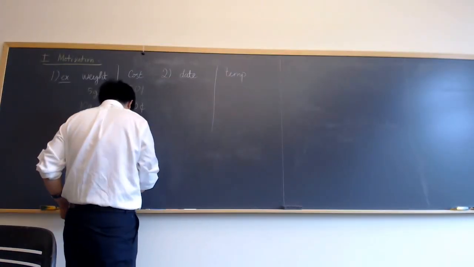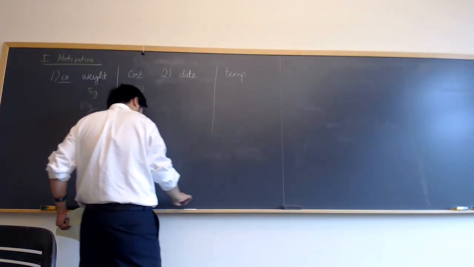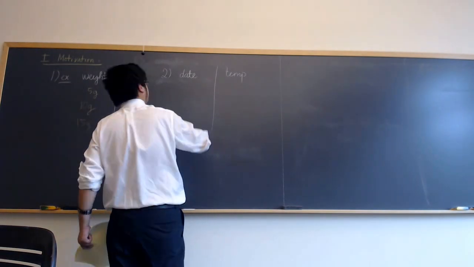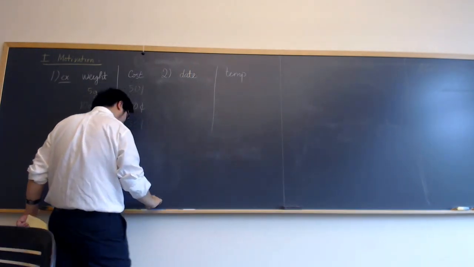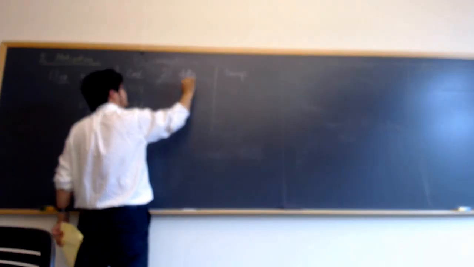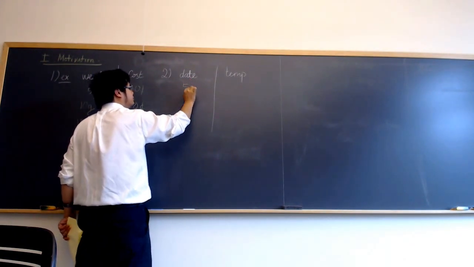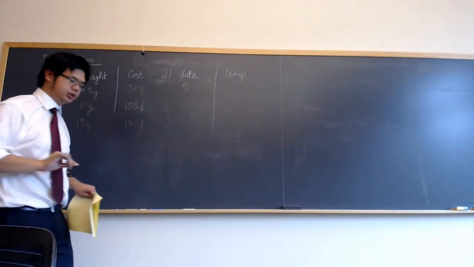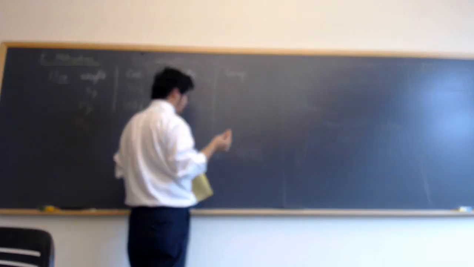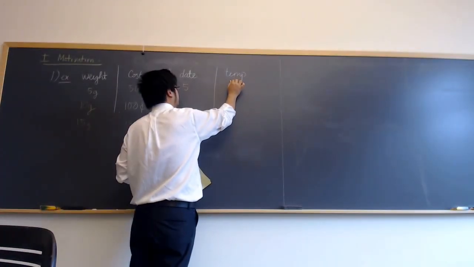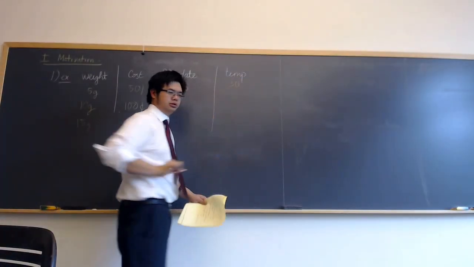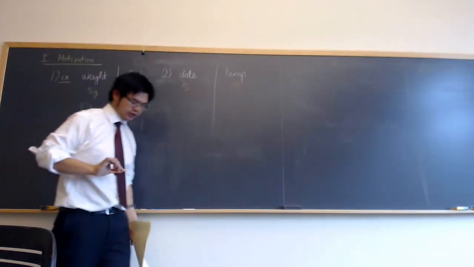Right? Let me give it a fake example. We have today, let's just say today is the 5th, and then the temperature is, I'm just making this up again, 30 degrees Celsius, not Fahrenheit, okay?